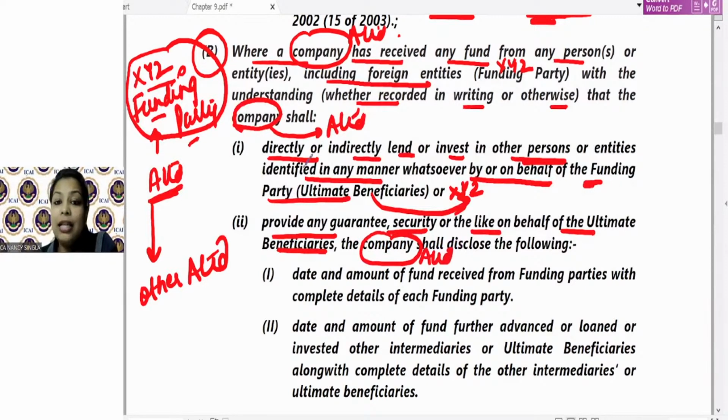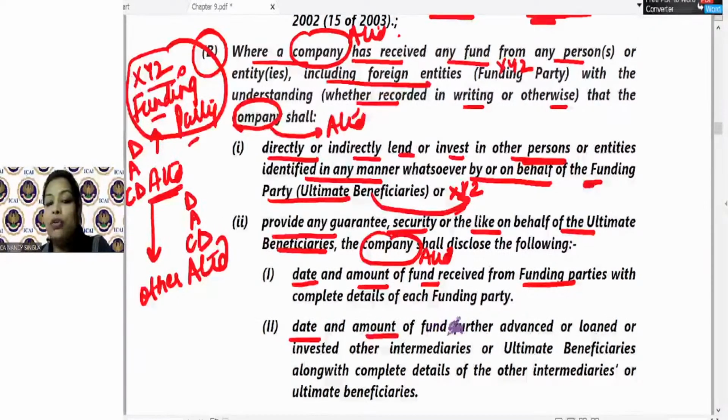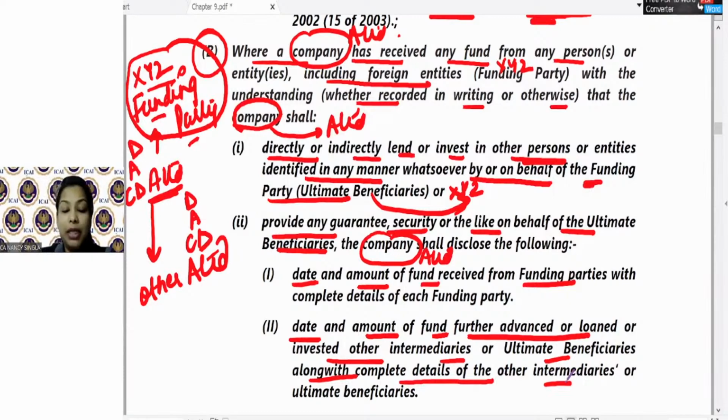A Limited, shall disclose the following: the date and amount of fund received from the funding parties, the date, the amount and complete details. This is what was disclosed when it was received. Same with date, amount and the complete details. The date and amount of fund further advanced to other intermediaries or ultimate beneficiaries, along with complete details of other intermediaries.